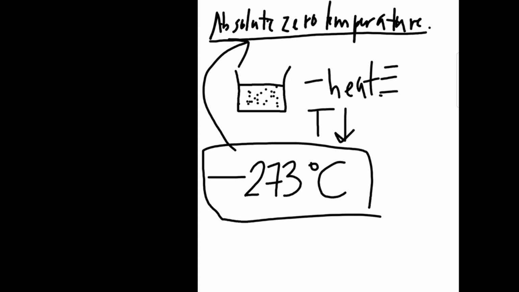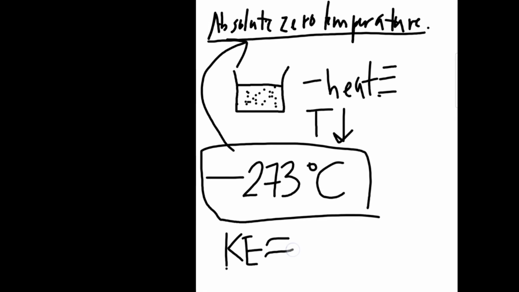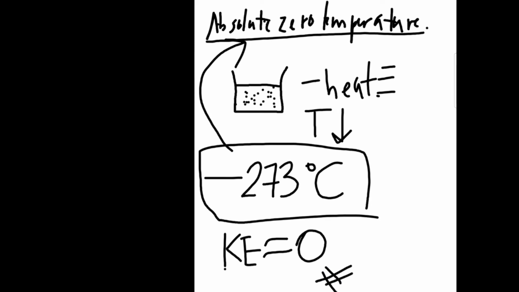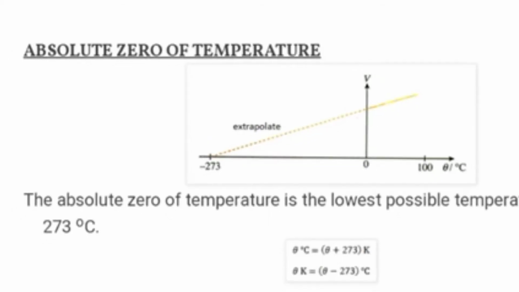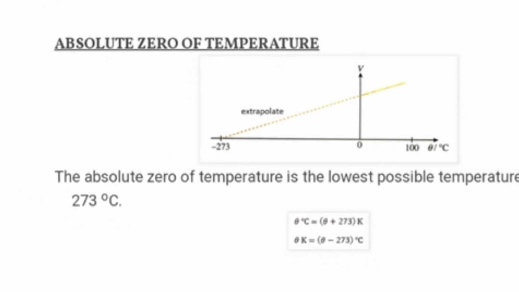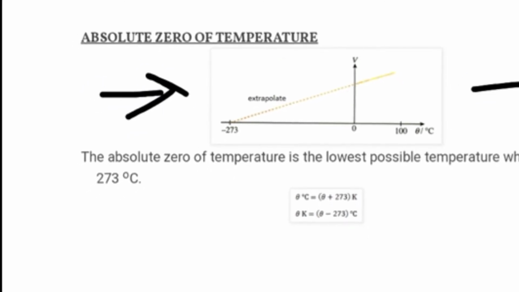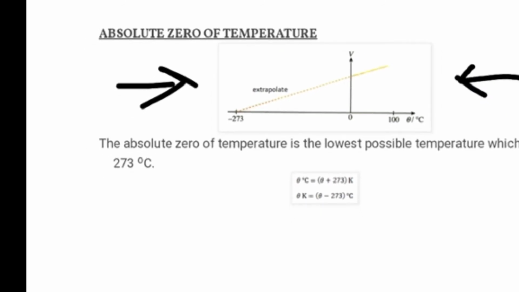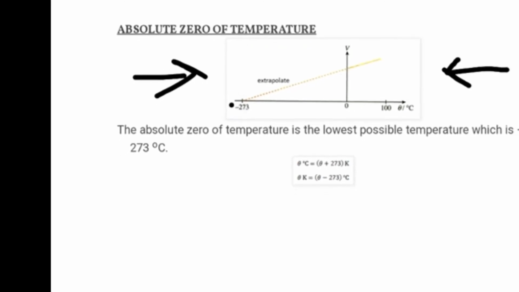The kinetic energy is so small that it is almost equal to zero. And if we do an absolute zero temperature experiment, we will get this graph, and if we extrapolate, we'll get negative 273 here.